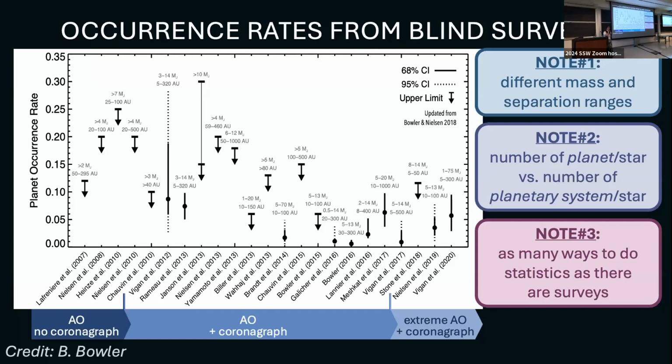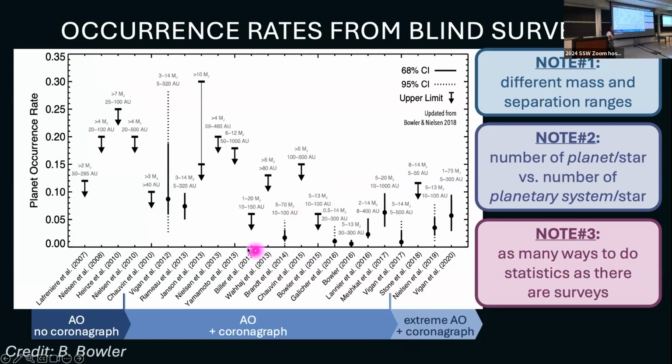So I have to say a fraction f of stars have a planet between separations of x and y and masses of z and z2. And all of these surveys have actually constrained things on different boxes in this parameter space. So we have to be a bit careful, and we can't directly compare these two numbers if they're not constraining the same sort of planets.